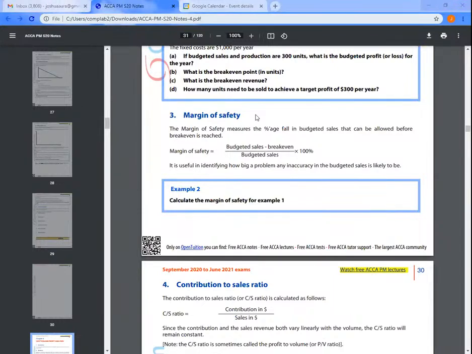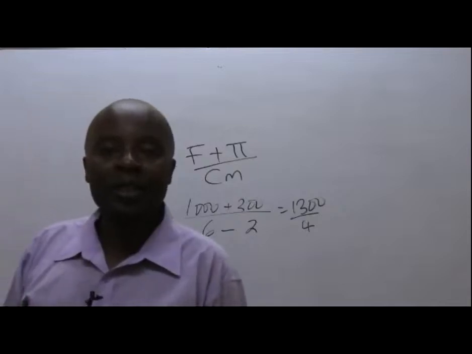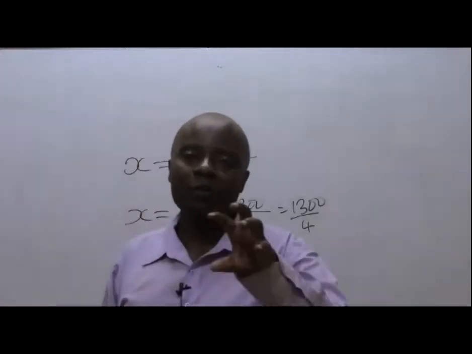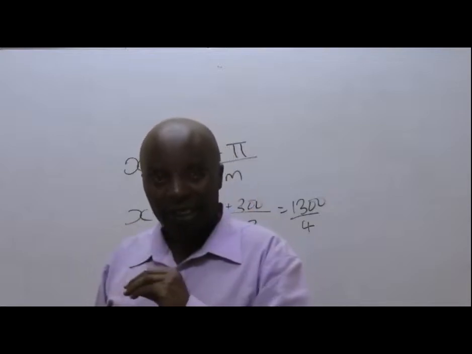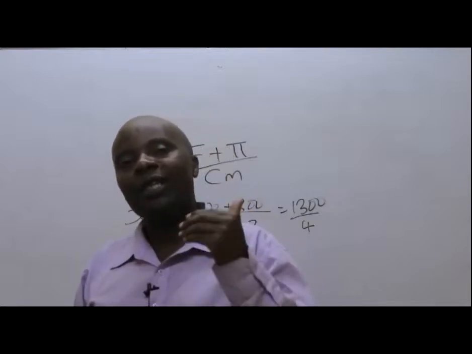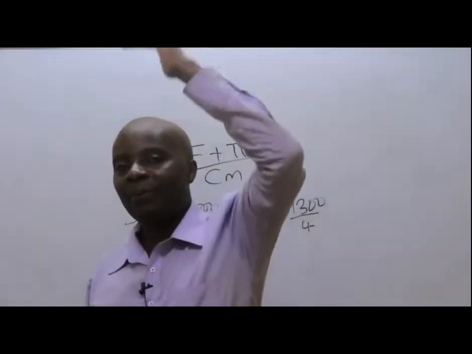Now see margin of safety. What are they telling us about margin of safety? They're telling us that the margin of safety measures the percentage fall in budgeted sales that can be allowed before break-even is reached. I like that definition. Margin of safety, what we call MOS, represents, for you to be safe, you must be in the profit zone.